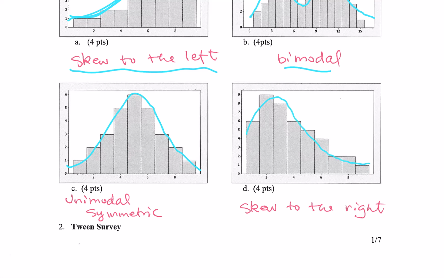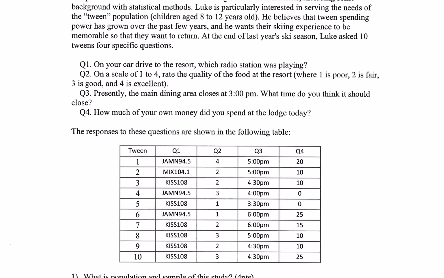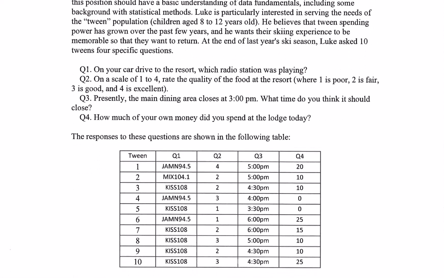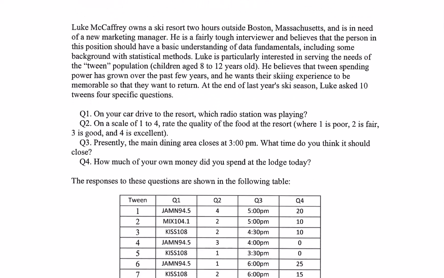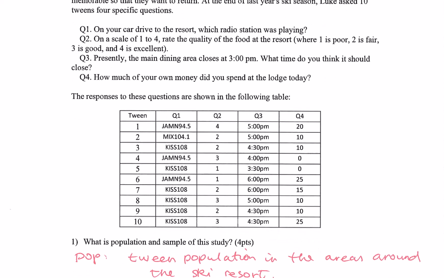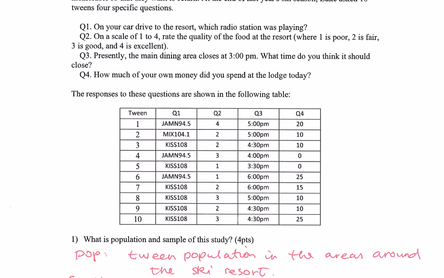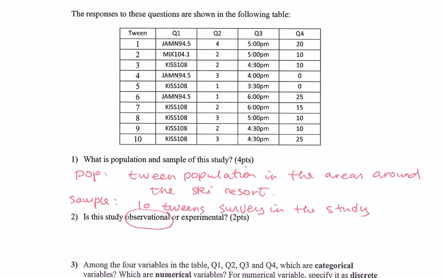Okay. For the second question about the twin survey, I'll tell you how the whole process should look. With this small data set, we can answer some questions. First of all, we have to specify what the population is and what the sample is.